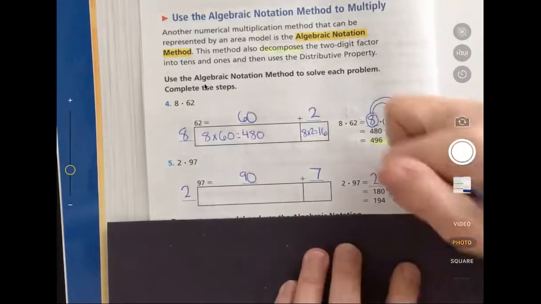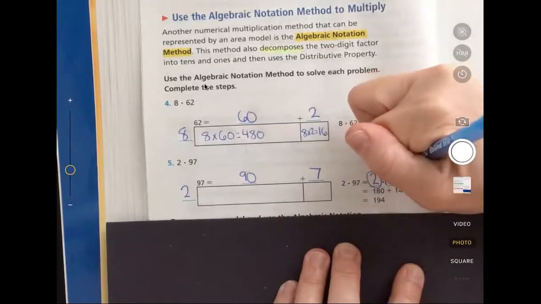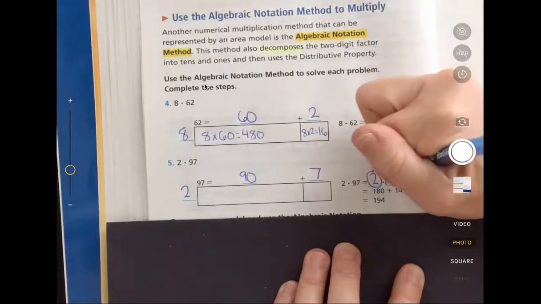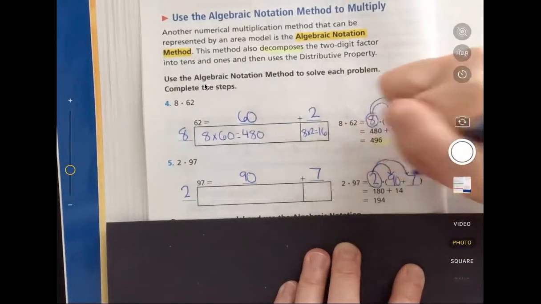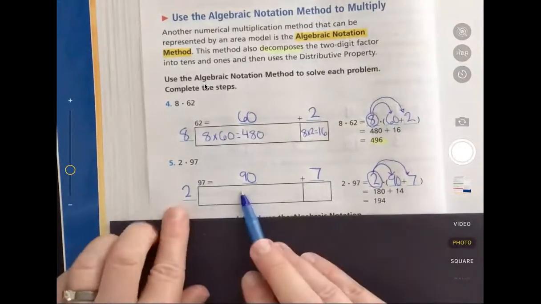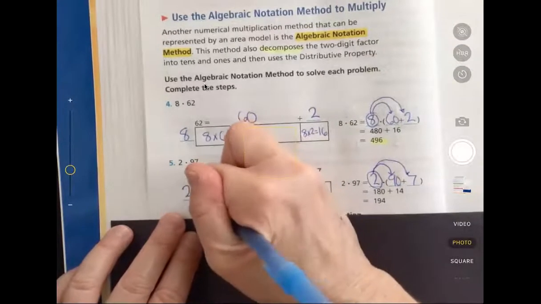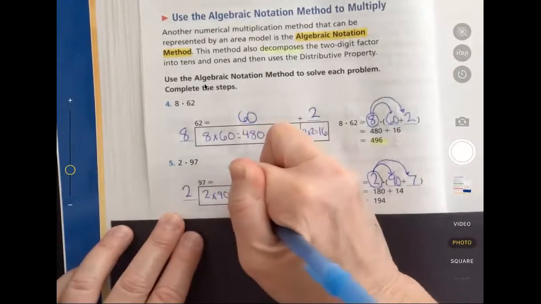Okay, so remember that 2 is in charge out here. It has to multiply times the 90, and then it also has to multiply by the 7. So it's got 2 jobs, okay? Just like in my area model, I'm thinking 2 times 90. I know 2 times 9 is 18.